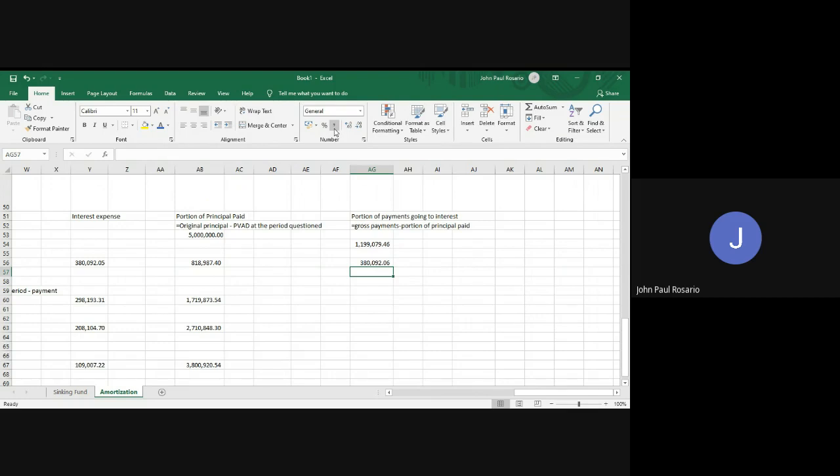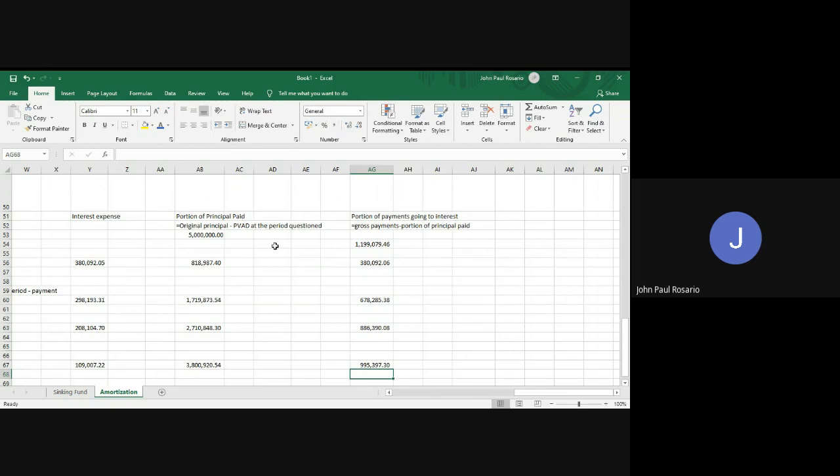For year two, you multiply that by 2 and you less the portion of principal paid. Year 3, you multiply this one by 3, then you less this one. For year 4, you multiply this by 4, and then you less.